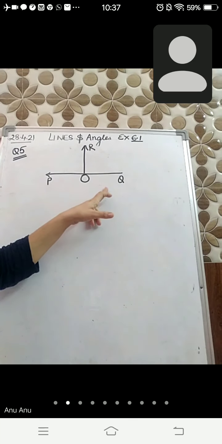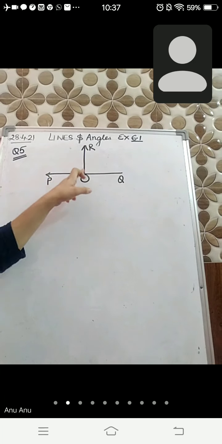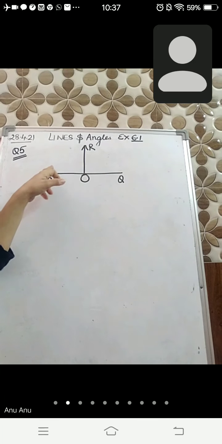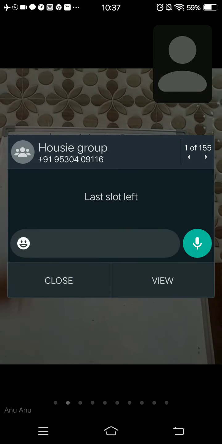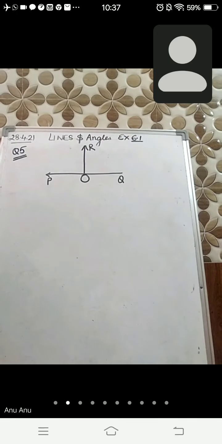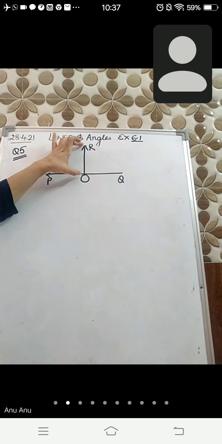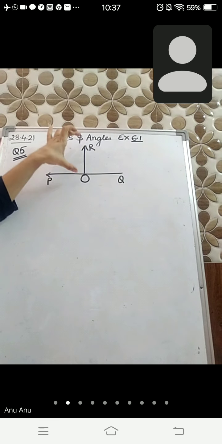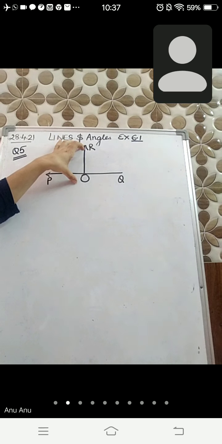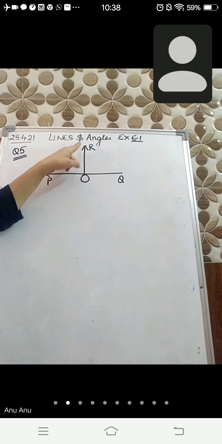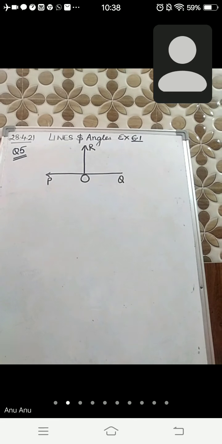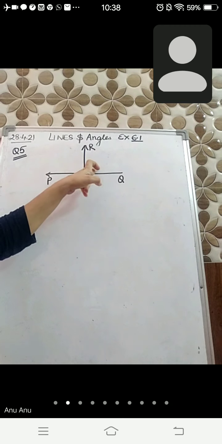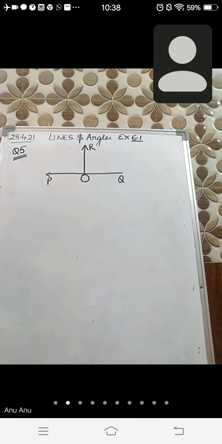If this is a straight line, that means the line RO is perpendicular and this is making a linear pair on this line POQ. And OR is perpendicular. If this line OR is perpendicular on this line, can we say that angle ROQ and ROP are both 90? Can we say this, that if this is perpendicular, then this angle will also be 90, and this will also be 90?